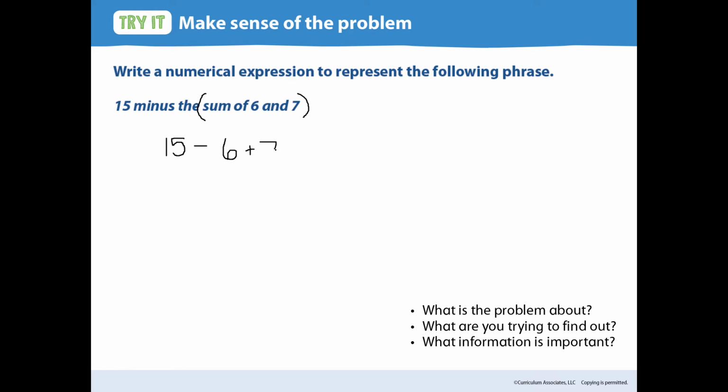However, if I just write it like this, I would be finding 15 minus 6 and then adding 7. And that wouldn't be finding the sum of 6 and 7. So I need to put parentheses around the 6 plus 7 to make sure that I have 15 minus the sum of 6 and 7. I want to make sure I have the sum of 6 and 7, not 15 minus 6.